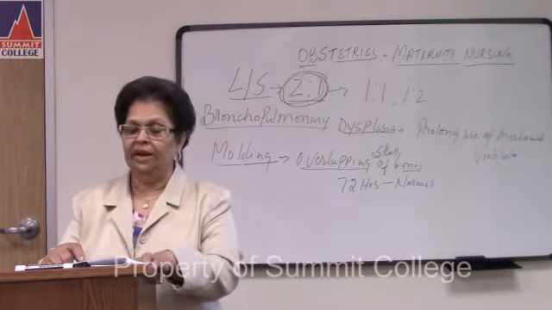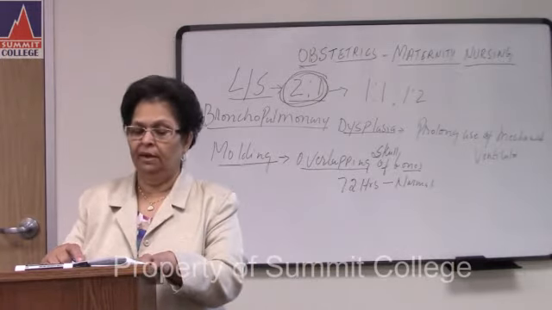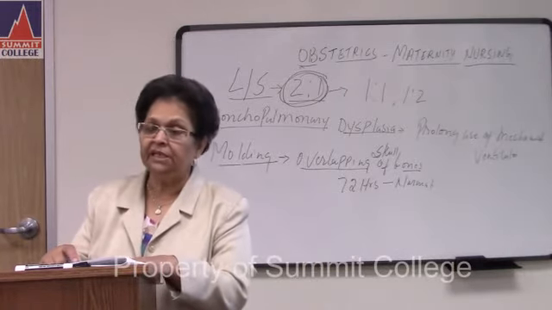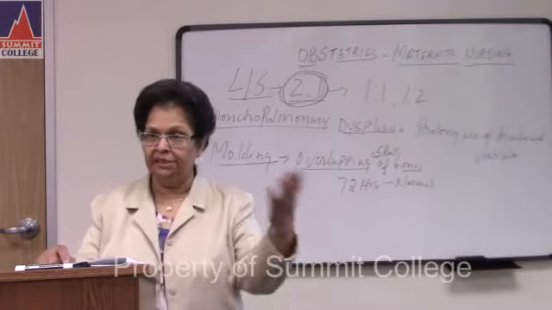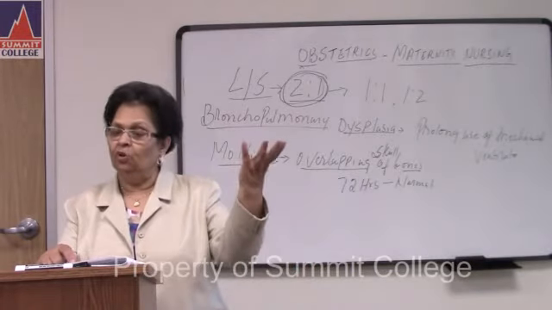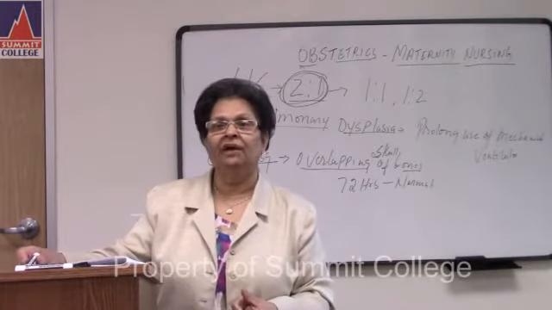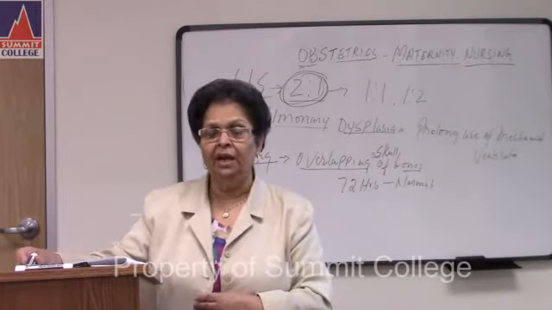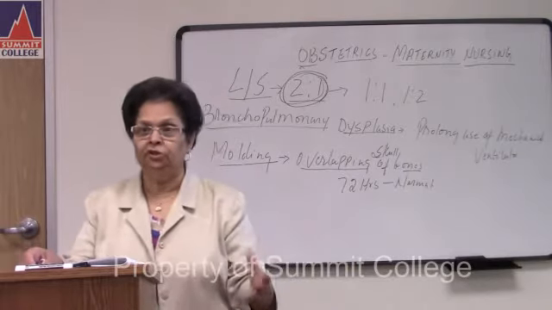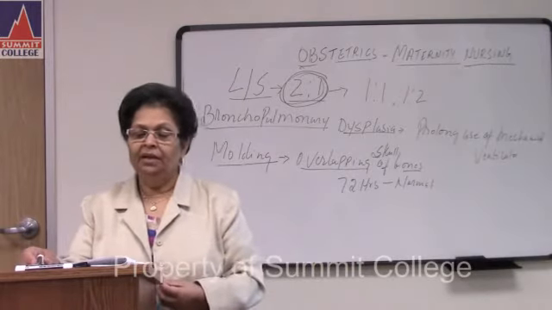Adverse reactions, what do you monitor? Blood sugar, because it is a steroid. So write down on the side steroid, so sugar will go up. And infection and edema, add the word infection. Whenever you are giving steroid, the risk is infection, sugar, and edema.